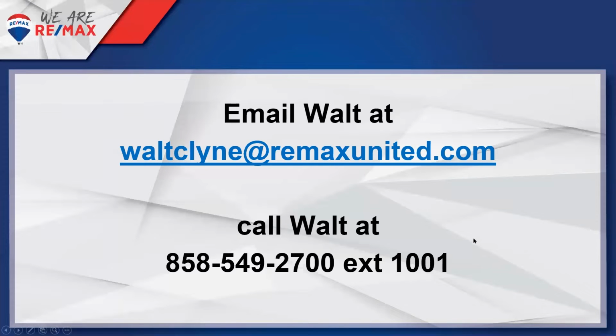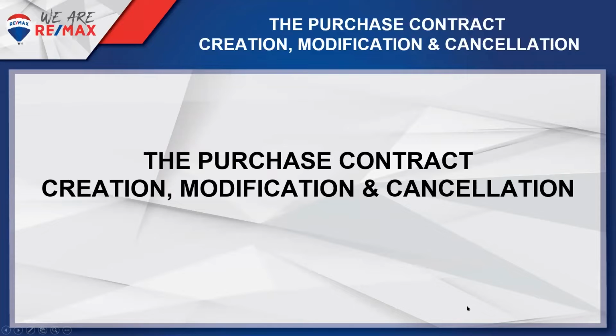So let's jump right into today's class. Today we are going to talk about the purchase contract, how to effectively create it or how it is created, how to effectively modify it, and how to effectively cancel it if you need to cancel it. And again, with the goal not to get yourself or your client in any kind of trouble.